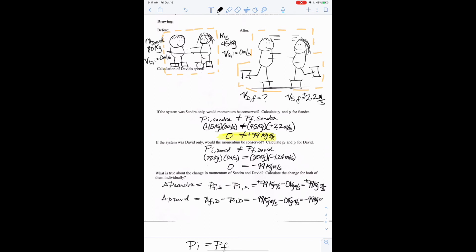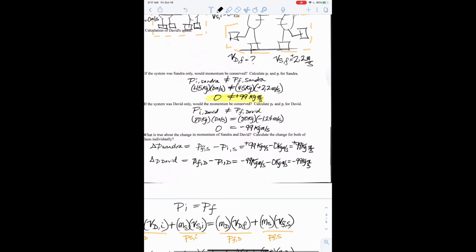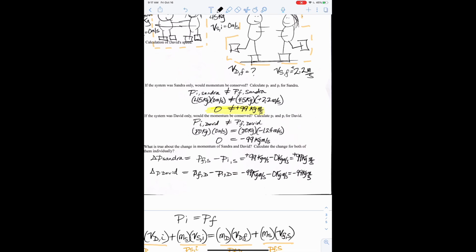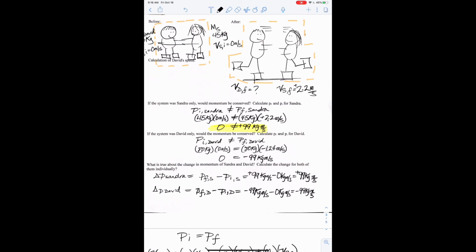And I really didn't need these formulas to see this, but a lot of times when you get asked about the change in something, just go ahead and use that delta formula and work off there. So we can see then that the reason momentum is conserved is not that the objects had 0 change in momentum, right?